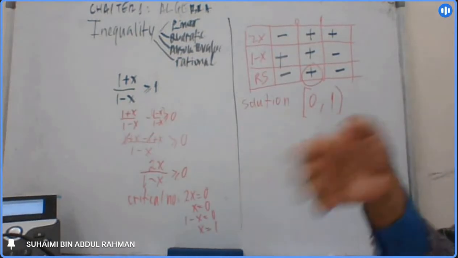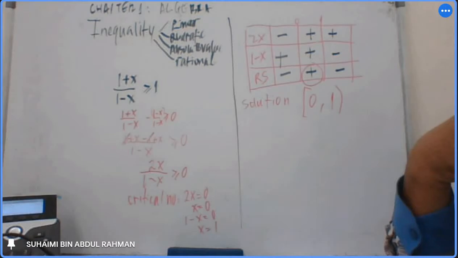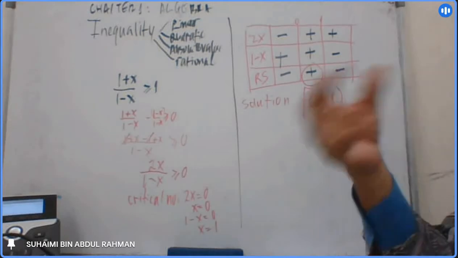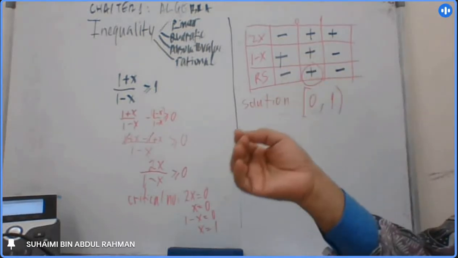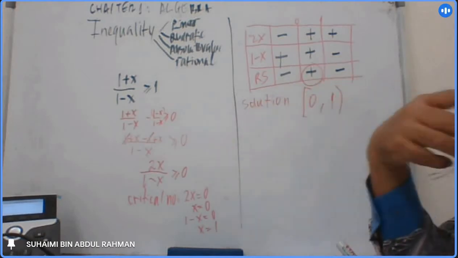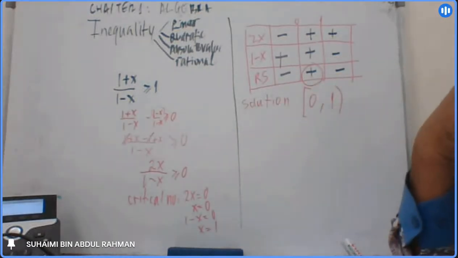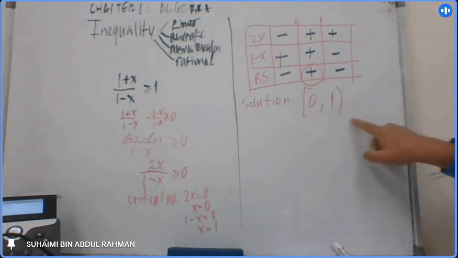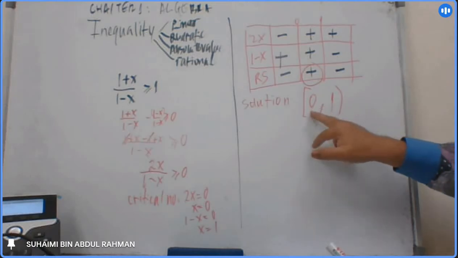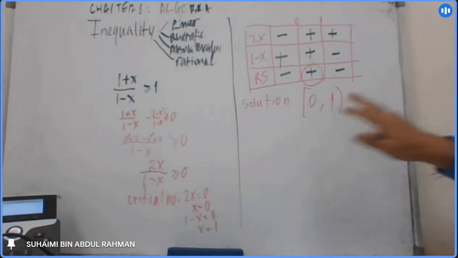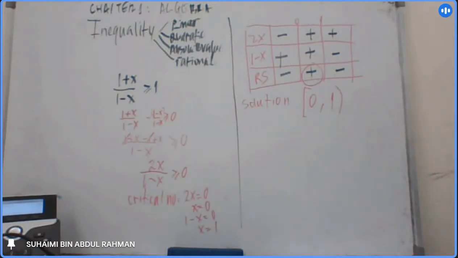When solving equations involving radicals or rational expressions, or fractions, we have to check. So the final solution is all the numbers between 0 and 1, including 0 but not including 1.